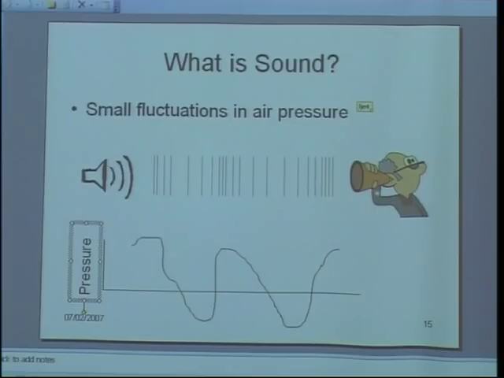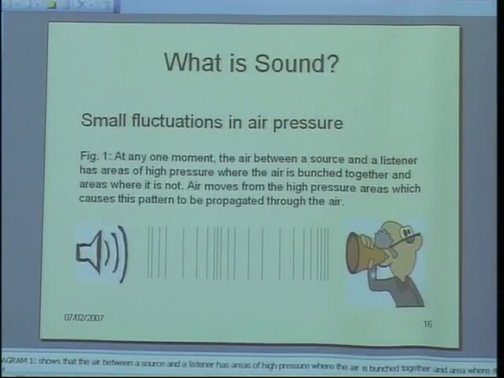So following the guidelines, that slide was actually made into two slides. So what is sound? Small fluctuations in air pressure. One of the figures from the previous slide, and then a title to go with the figure. Figure 1, at any moment, the air between a source and a listener has areas of high pressure, etc. So that it describes the picture, so there is an alternative. And I'll group the picture.